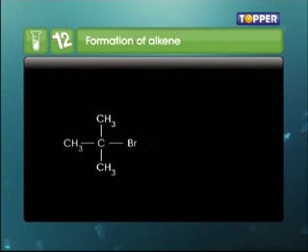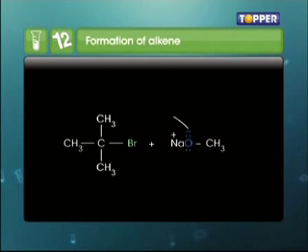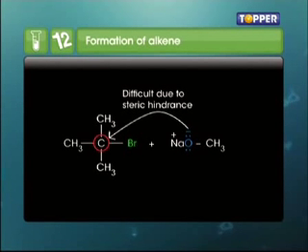The reason for different products being formed is that alkoxides are not just nucleophiles but are also strong bases. Let's take a look at our reaction once again. As you can see, the attack on the carbon attached to the leaving group is difficult due to steric hindrance.